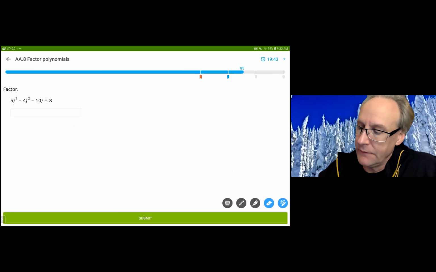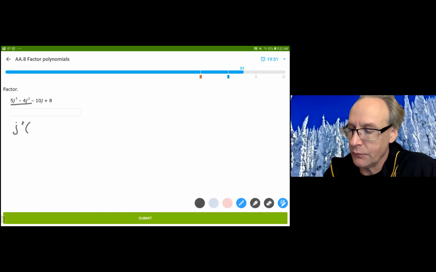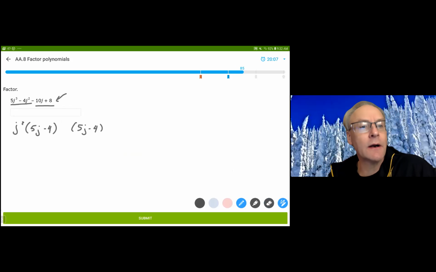Looks like a factoring by grouping situation again. Our common factor is j squared, and we're left with 5j minus 4. And this time it is a little trickier. Notice that I want to get a 5j minus 4. What you need to do is think about what you need to do to that second pair to make it 5j minus 4.